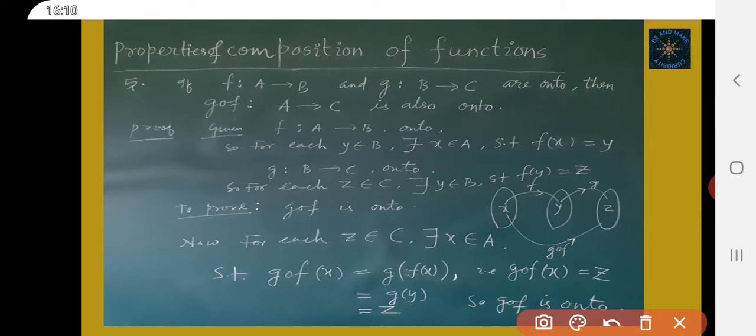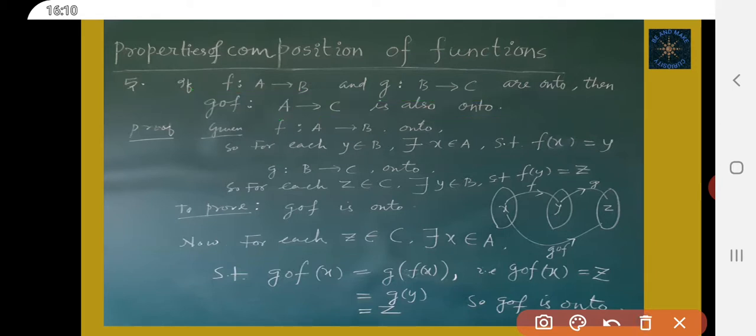Here what is given? Two functions are given which are onto. We have to prove that the composition of function f and g, which is mapping from A to C, is also onto.